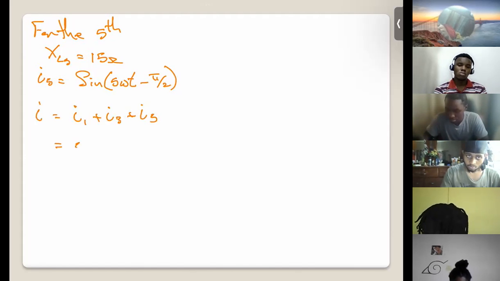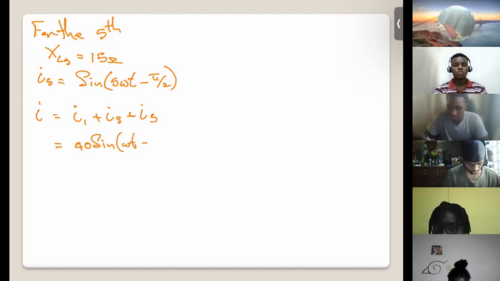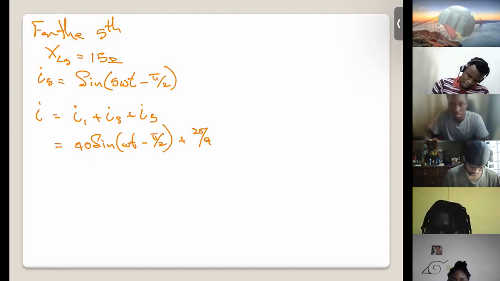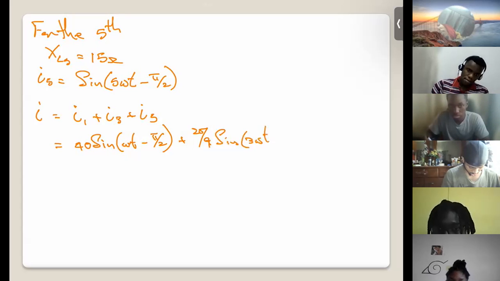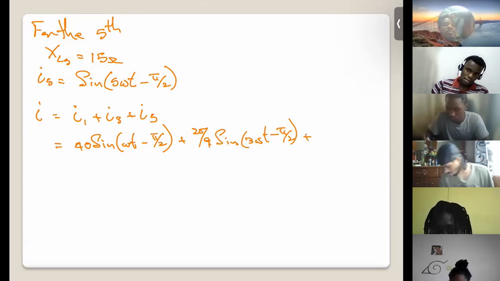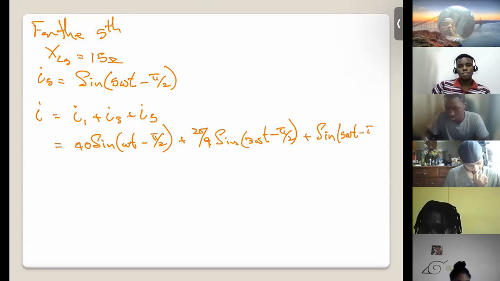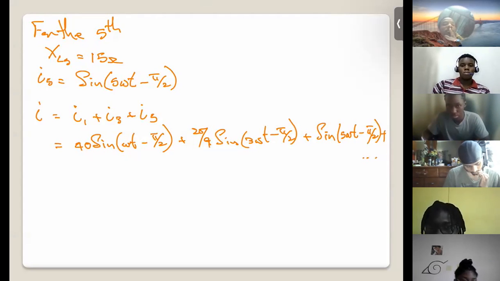So this would be 40 sine omega t minus pi/2, plus 20 over 9 sine 3 omega t minus pi over 2, plus sine 5 omega t minus pi over 2, plus so on. And so that is your current. This would now be the expression for the current.